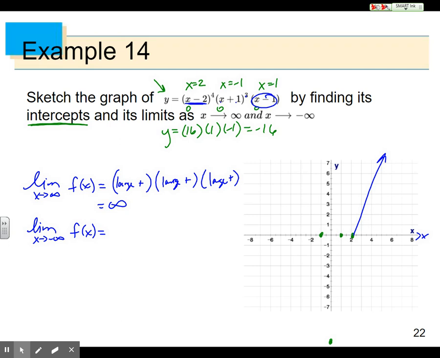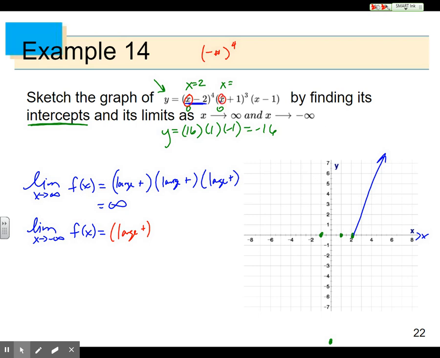And let's do x approaches negative infinity. That's going to be a little bit different. Negative infinity minus 2. So imagine plugging in negative infinity right here. I'm just so deep in the negatives right now. But I'm taking 4 negative numbers and multiplying them all together. Well, that's going to give me a large positive. Okay, imagine plugging in negative infinity right here.